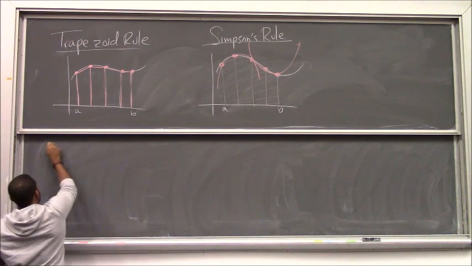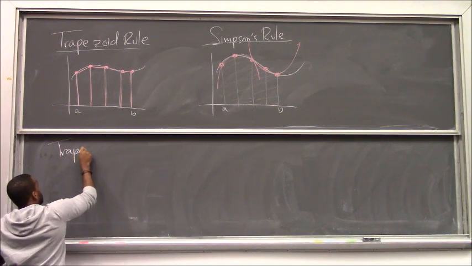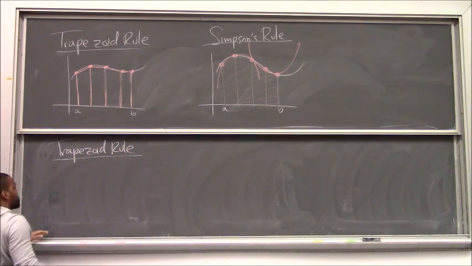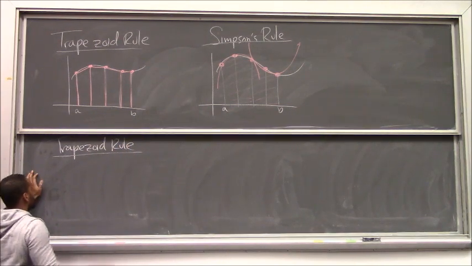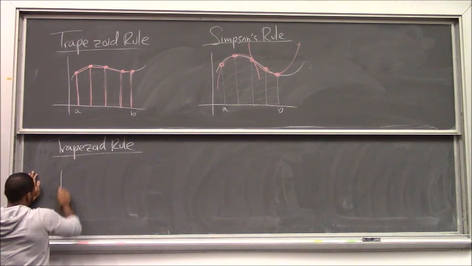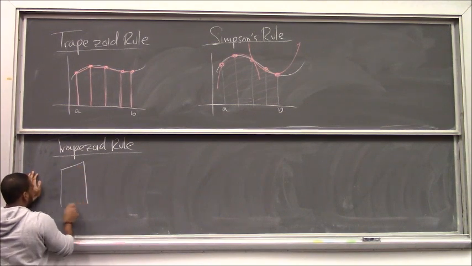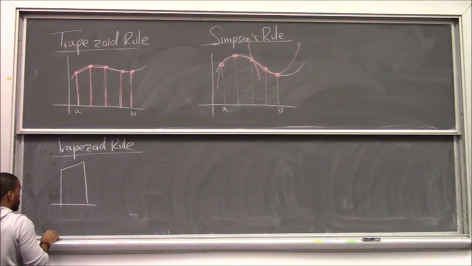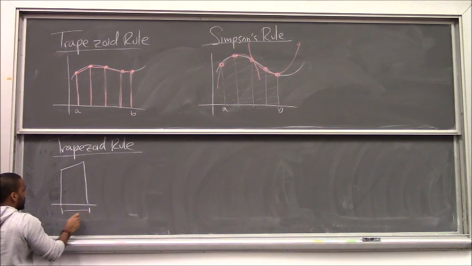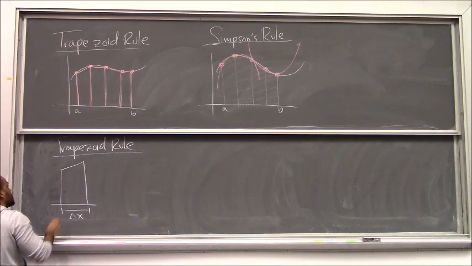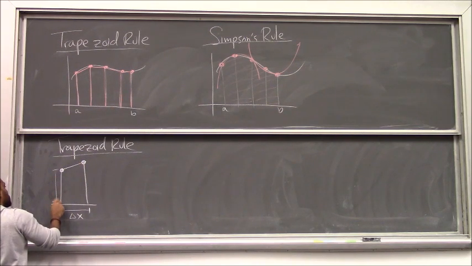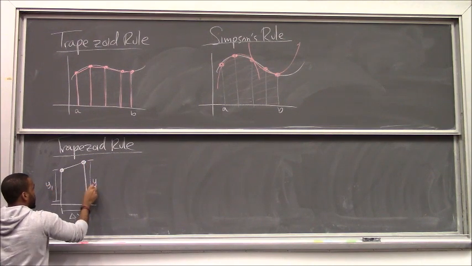So let's talk about trapezoid. So if you have a trapezoid, right? Let's say the length here is going to be delta x. Let's say the height here is going to be y1. The height here is y2.